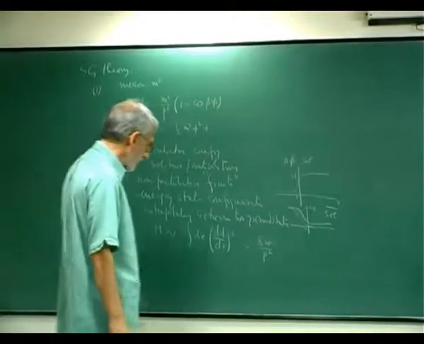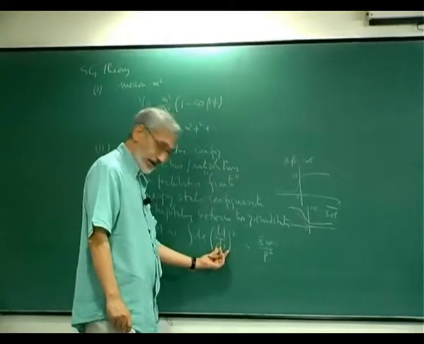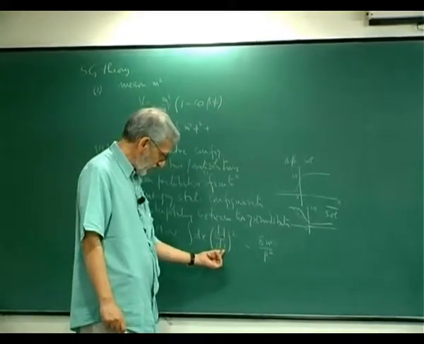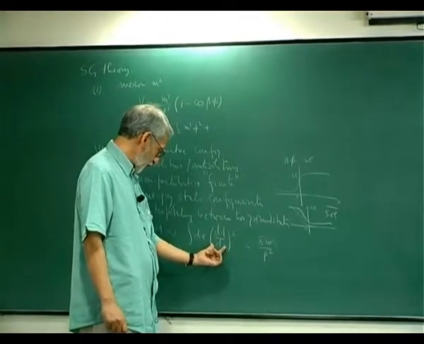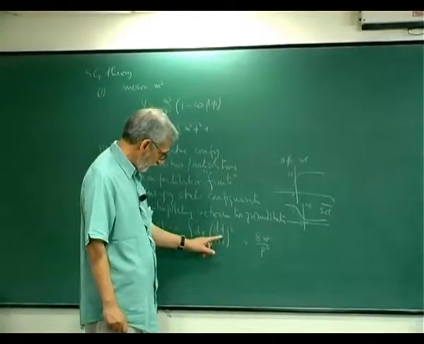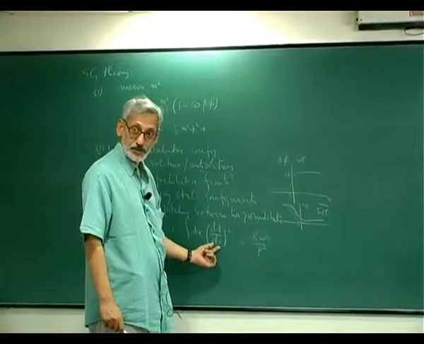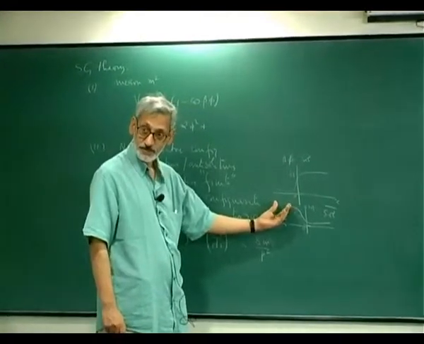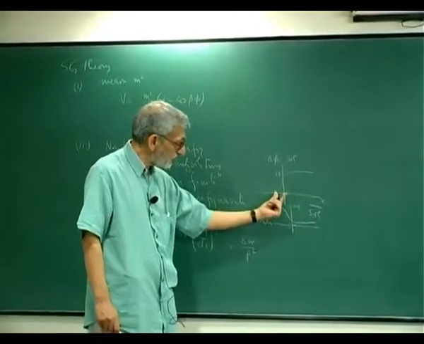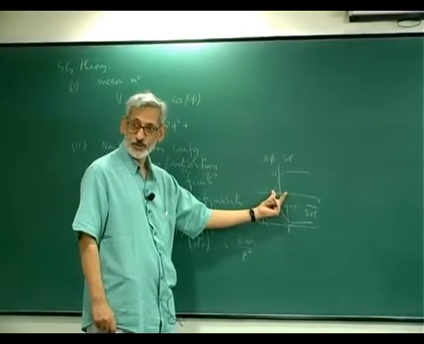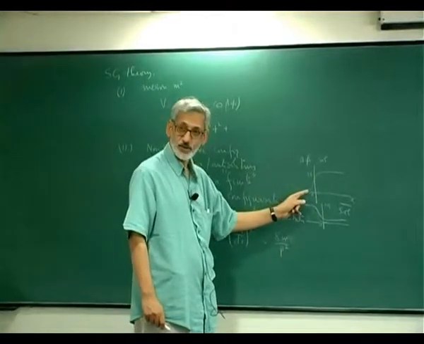And what does this tell us? This tells us that the mass density or energy density is (d phi by dx) square. So the contribution to mass comes from the region of the configuration where the derivative with respect to x is large. That is where most of the density lies. The derivative here is almost 0, or as it climbs it is very small.